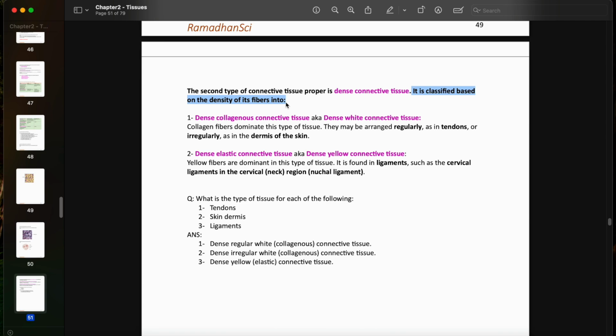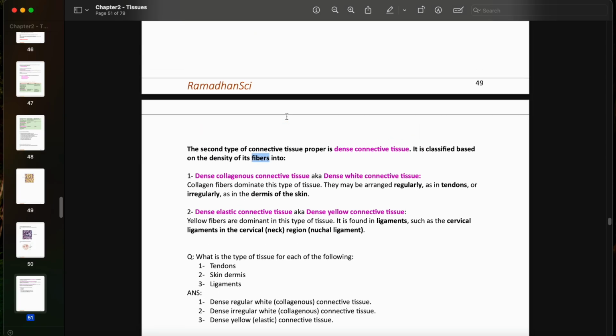Classify based on the density of its fibers. So you can have density of its, and then blank, and fibers being the answer. Because sometimes we can have classification according to the density of cells and fibers, or according to the fibers alone. So here we can also have very tricky blank questions.